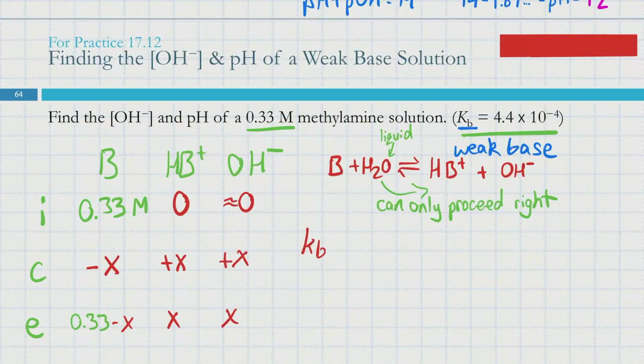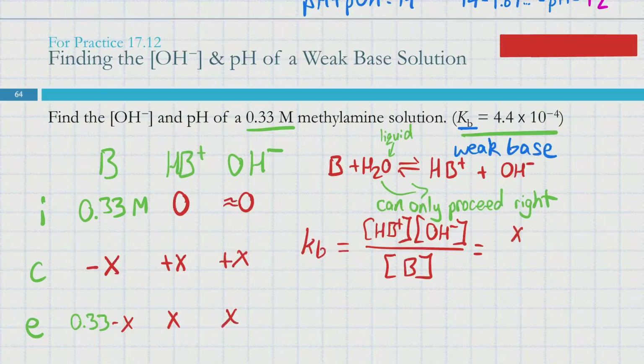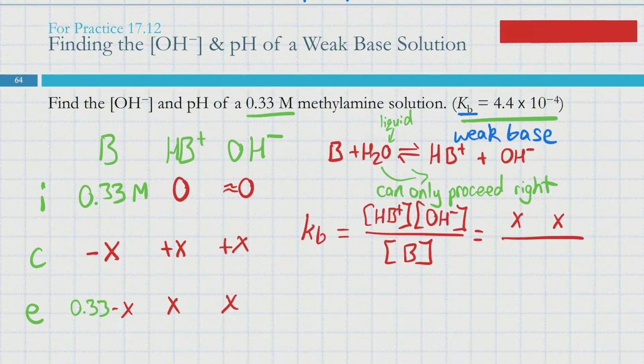We then write our Kb expression, concentration of the conjugate acid times the concentration of the hydroxide over the concentration of the base. And we can substitute in all of our equilibrium values.